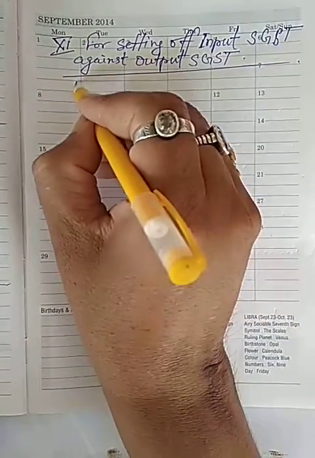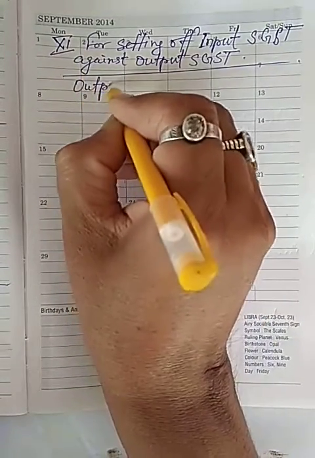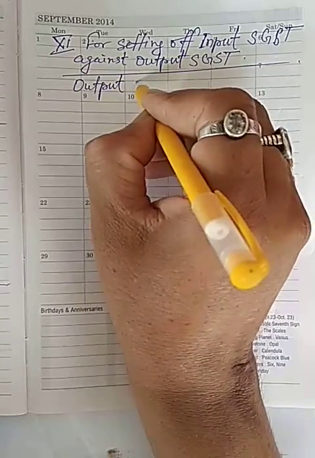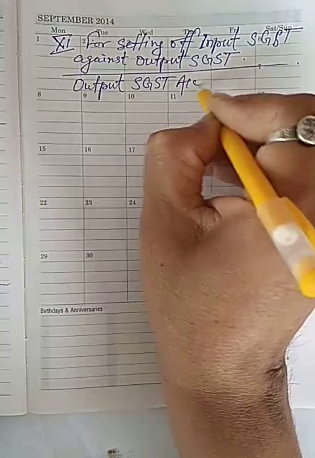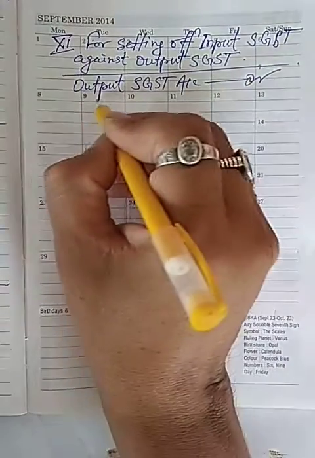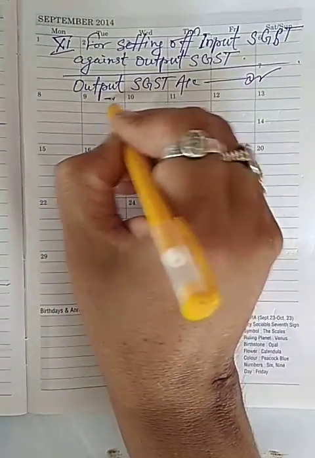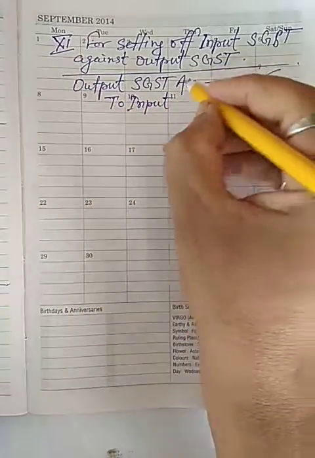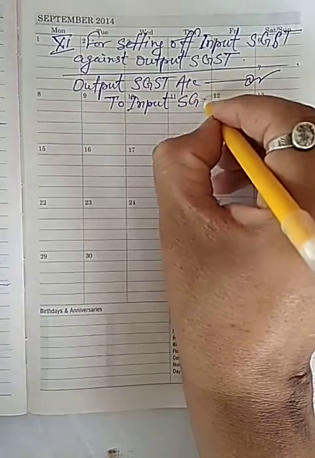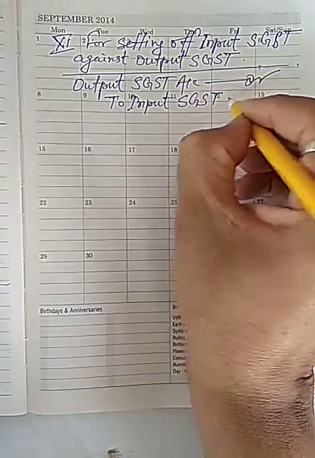Journal entry will be: output SGST account DR, to input SGST account.